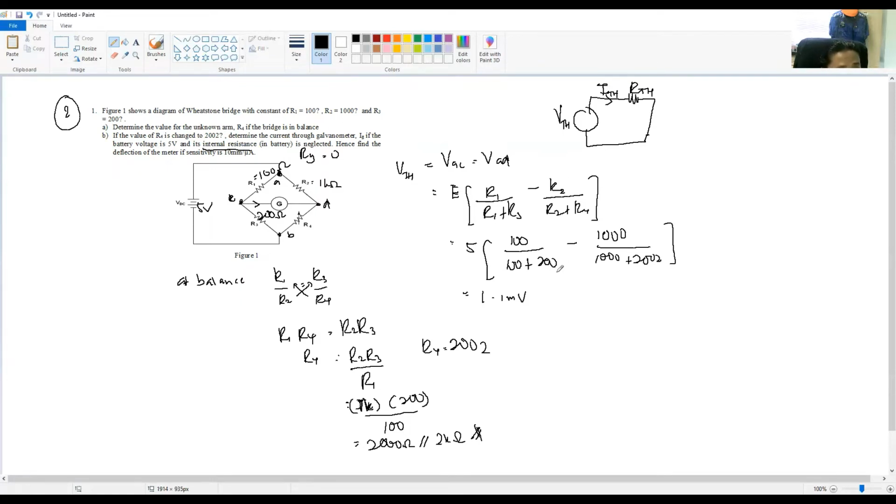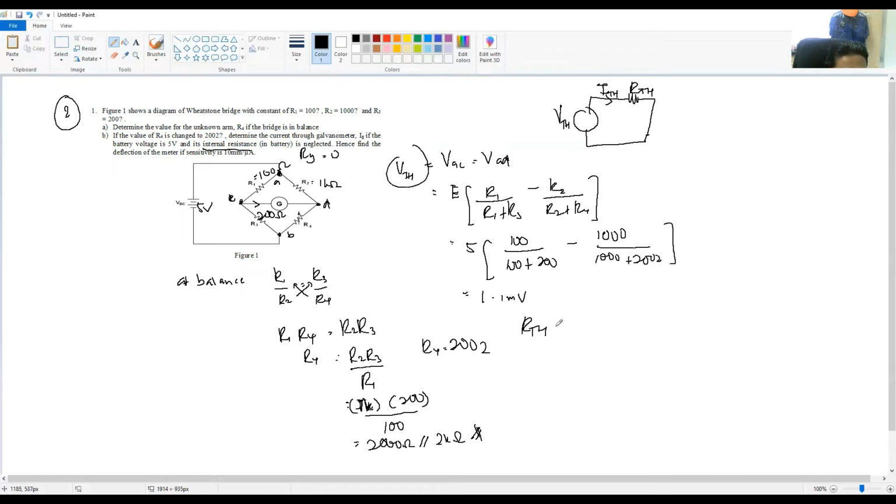So we have the VTH, and now you want to find the RTH. Also you can use the formula on the notes.